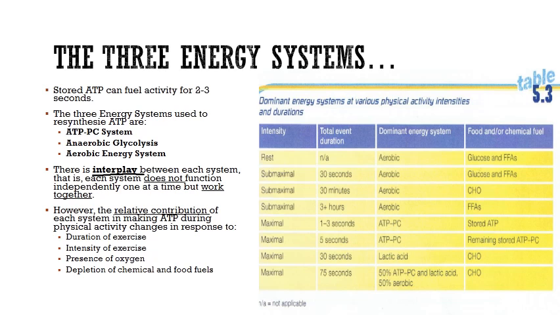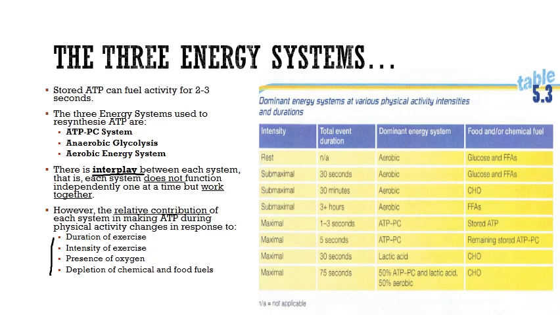And the things that determine which system is predominant at any one time are these 4 points down the bottom. So the duration of the activity, so how long it lasts for, the intensity of the activity will also influence which system is predominant, whether oxygen is present or not, which is more a case of whether you're getting oxygen to the muscles at a fast enough rate in which you need to use it to produce ATP. And if you're not doing that, then you're working anaerobically.